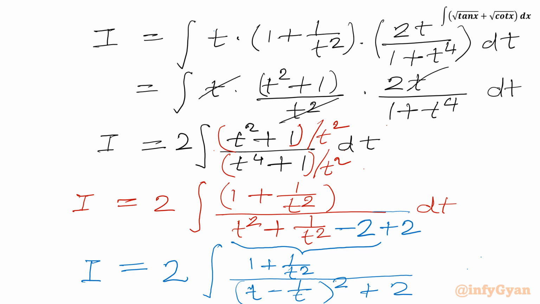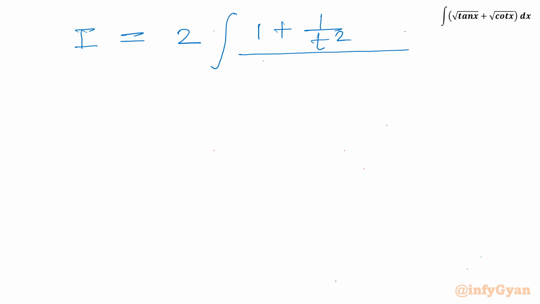Now you can see the denominator is t minus 1 over t whole square plus 2. Let me write here I equal to 2 times integration of 1 plus 1 over t square divided by t minus 1 over t whole square plus 2 dt.